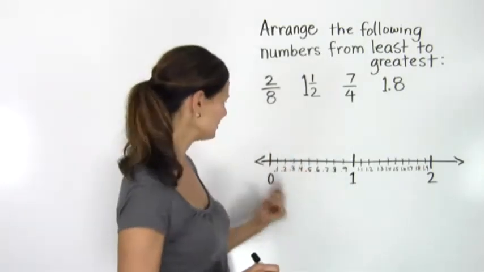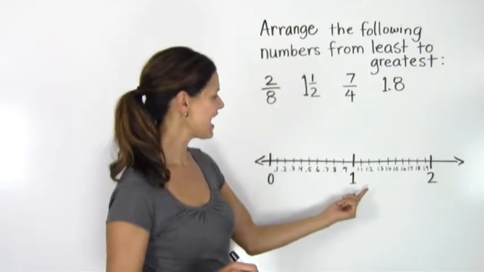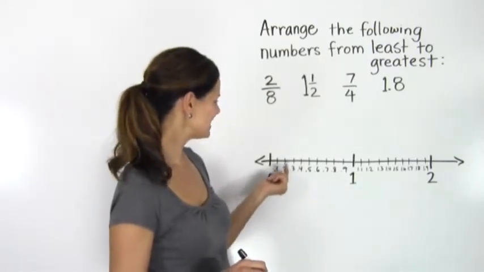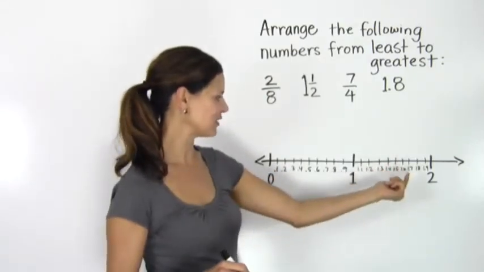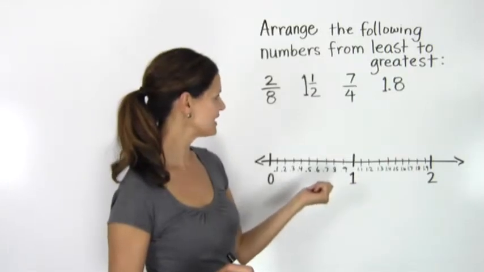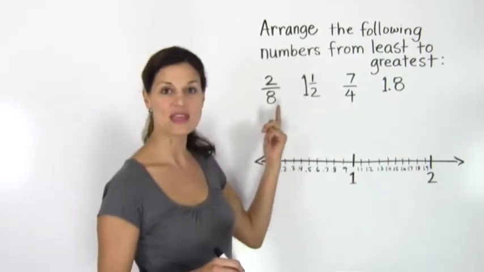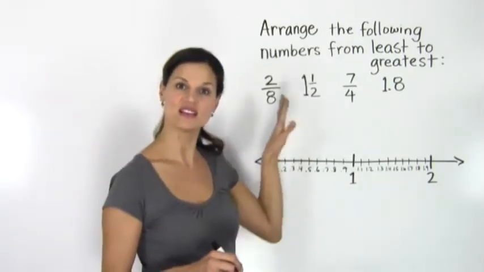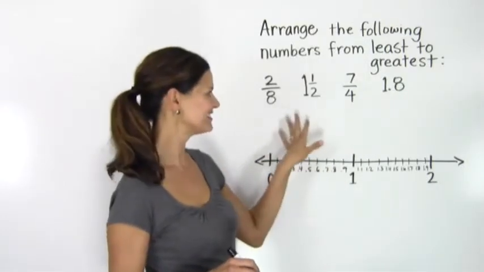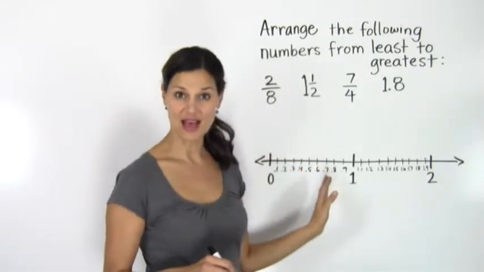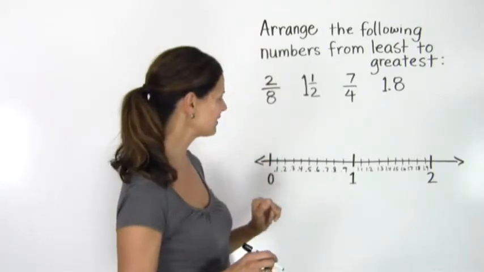And then we'll plot them on our number line and we'll look at which one's the least and which one is the greatest and those in between. So the simplest form in this case is going to be to convert each of these to decimals. And then we'll plot them on our number line and go from there.